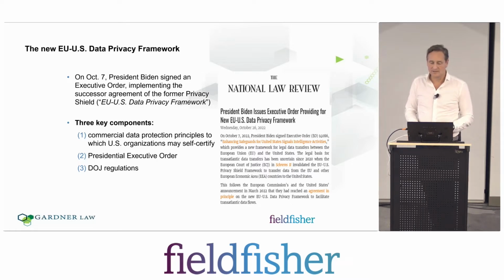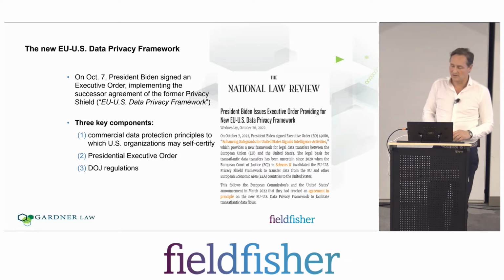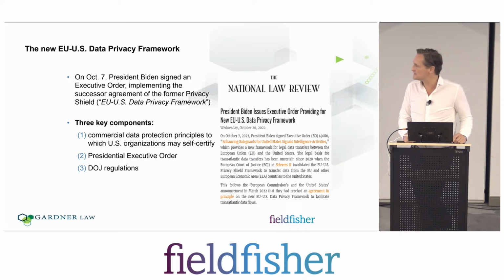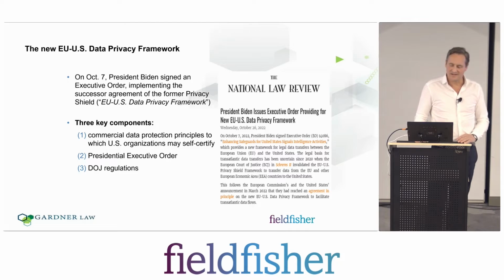Because the two key criticisms of the European Court of Justice in its Schrems II decision were that there was no appropriate redress mechanism under US law so far, that was one very important reason why the ECJ said the Privacy Shield would not be valid anymore.